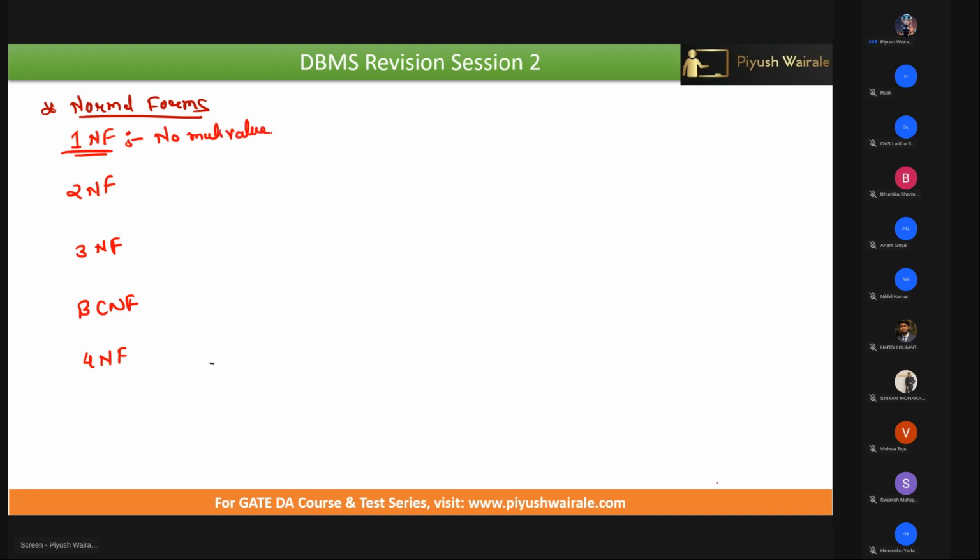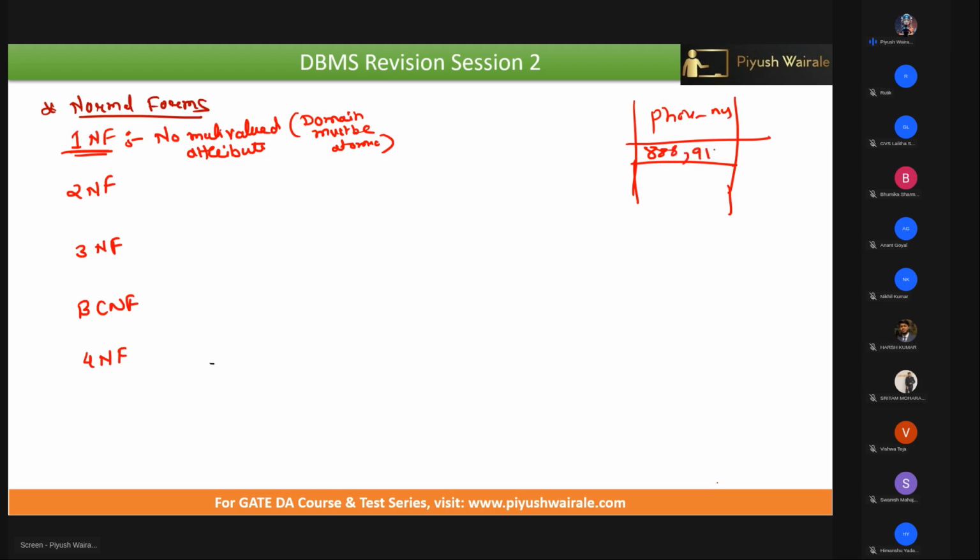Can anyone tell me what is a multi-valued attribute? Domain must be atomic. Or something like an address: you should not have street number and plot number together. Yes, phone number, yes. Let's say, for example, here we have a phone number as a column, right? If I have two phone numbers and I put both phone numbers in the same field, 888, one phone number, comma 918, like that, that is basically a multi-valued attribute here.